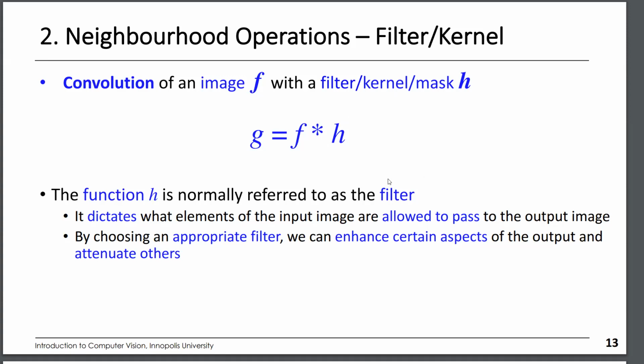What it does is it dictates what elements of the input image are allowed to pass and what elements are not allowed to pass by choosing an appropriate filter. Choosing an appropriate filter, either manually, so human beings look at it and try to build this filter for specific cases, or by training it using a neural network, we can enhance certain aspects of the output and attenuate others.